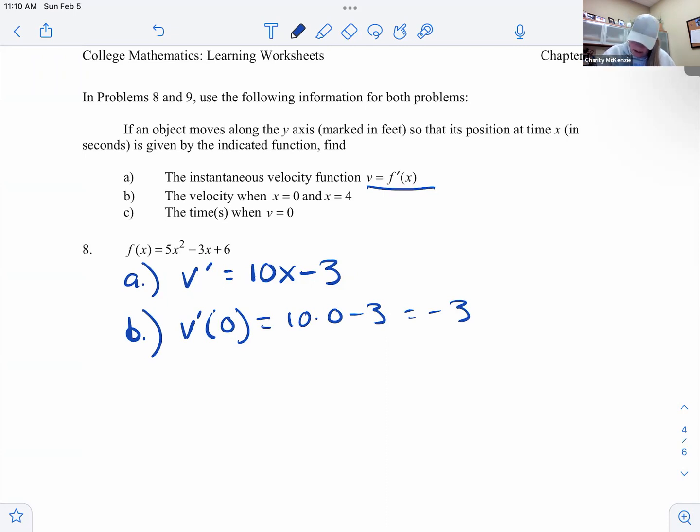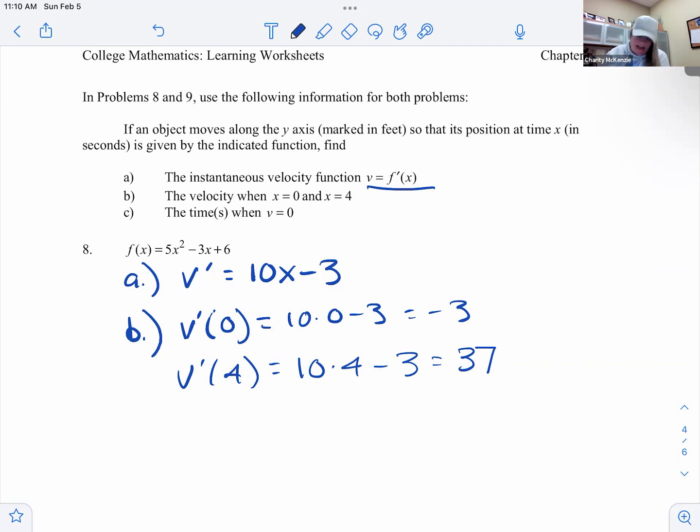Okay, so then we do the same thing with 4. At 0 seconds, we haven't moved. Seems a little like it should just be 0, but okay, this is a made-up function. So if we put in 4, 40 minus 3 is 37. So the velocity is 37 at 4 seconds.